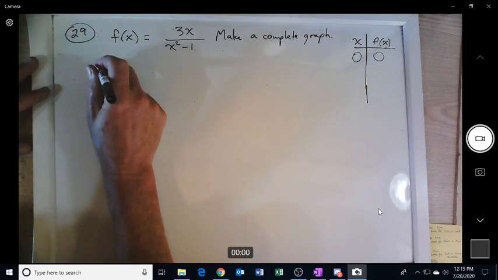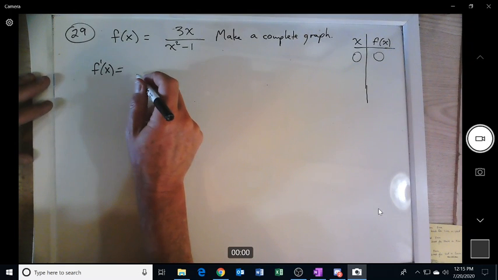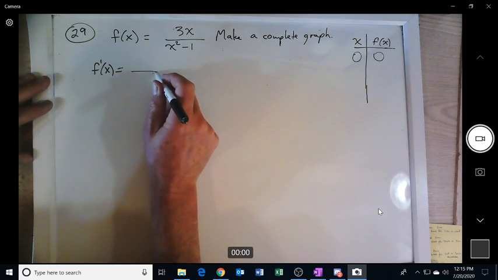So I'm going to take f prime of x, and I'm going to do the quotient rule.